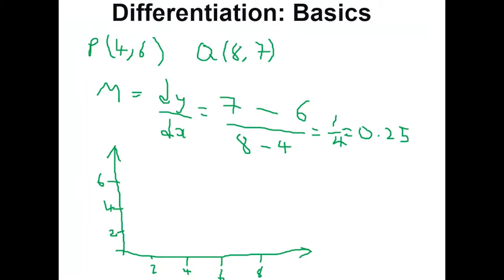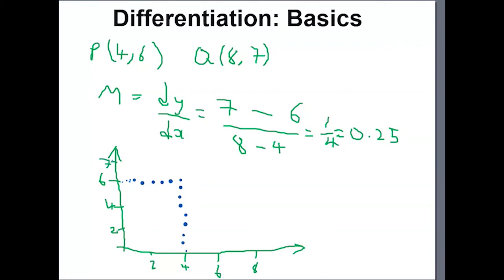My point P is x is 4, y is 6, and the other point Q is x is 8, y is 7.